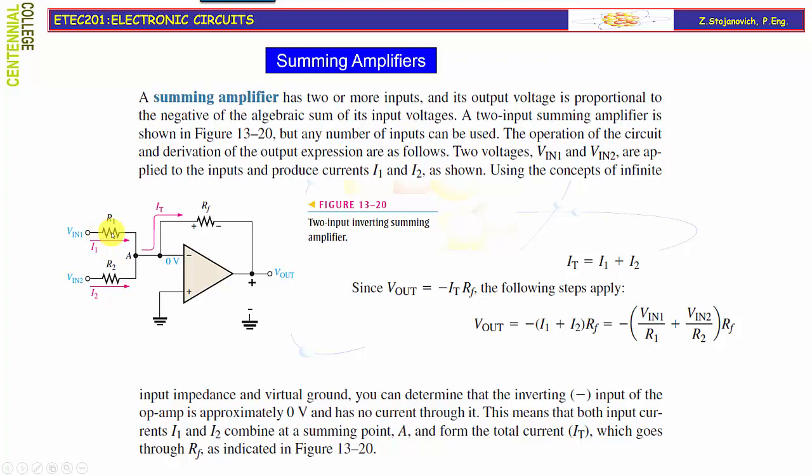It's the voltage drop across the resistor divided by the value of the resistor. If we now apply substitution in these final expressions for Vout, instead of I1 you will get VIN1 over R1. Instead of I2, you will have VIN2 divided by R2, multiplied by the feedback resistor RF.